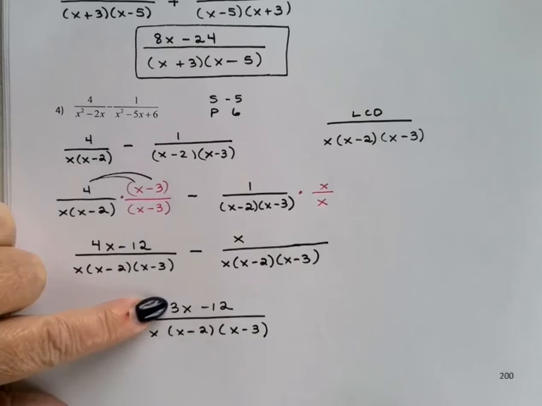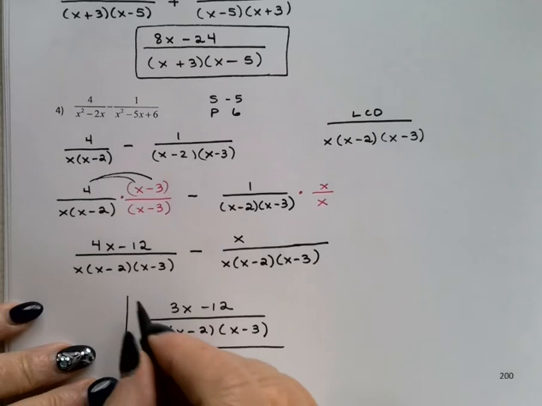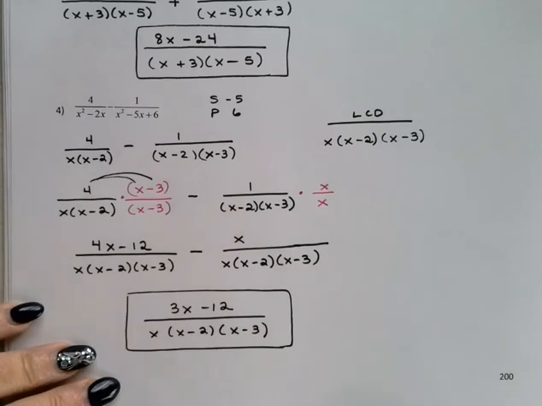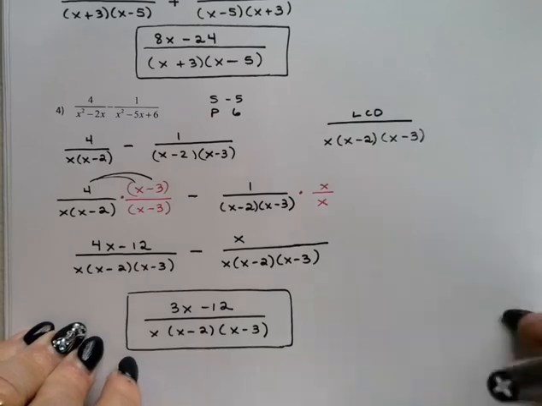Although this factors, I could factor out a 3. That would leave me x minus 4, which wouldn't reduce with anything on the denominator, so I'm going to leave it just like that. All right, couple more.